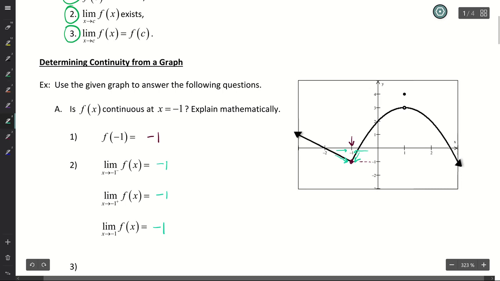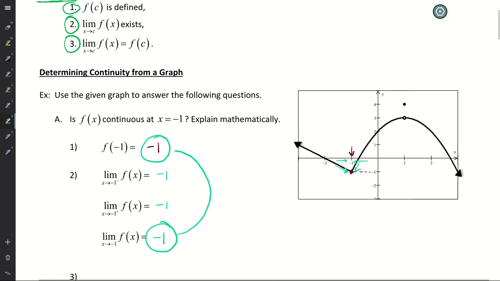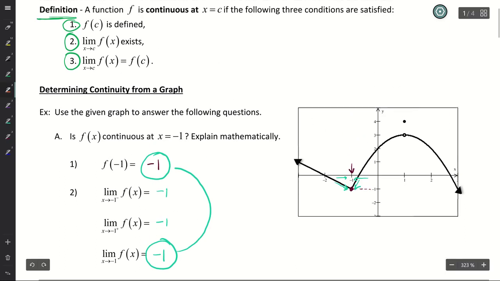At this particular point, we look at this value here and this value here and see if those two are matching. Essentially what we've said is we have the first two conditions met. F of c is defined, so f of -1 is defined and it actually equals -1. So the first part of our definition is met. The second part is that the limit as x approaches -1 must exist.